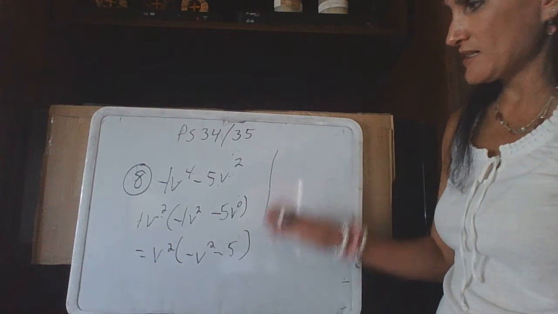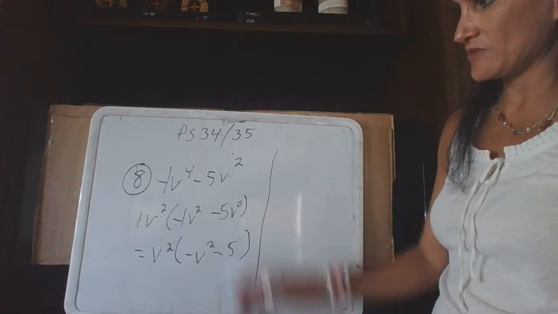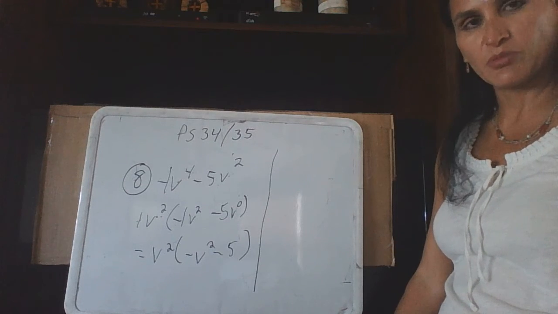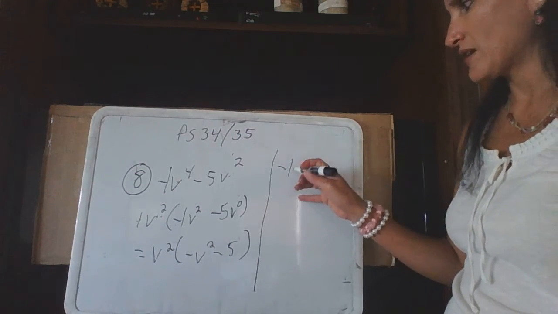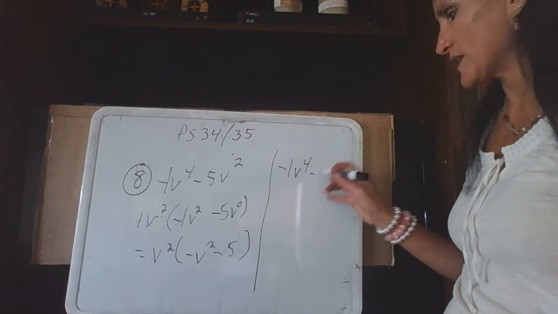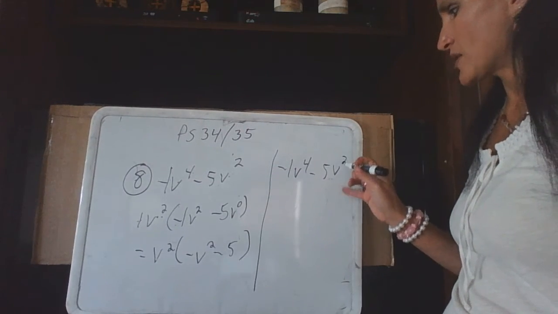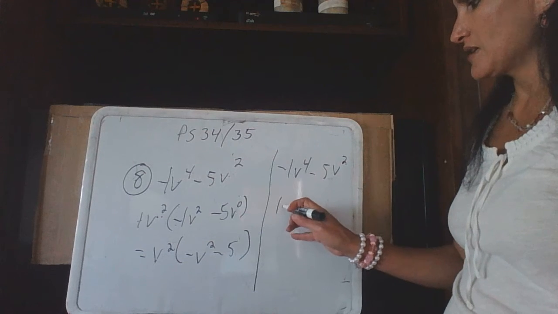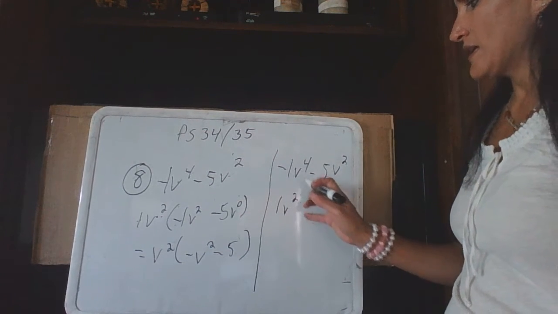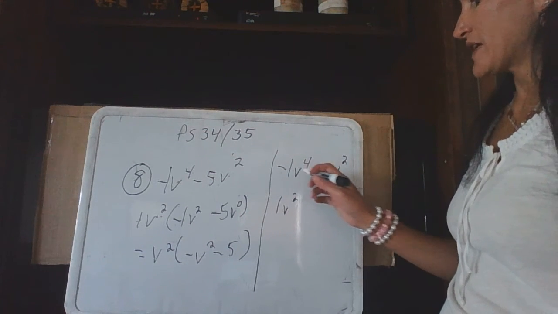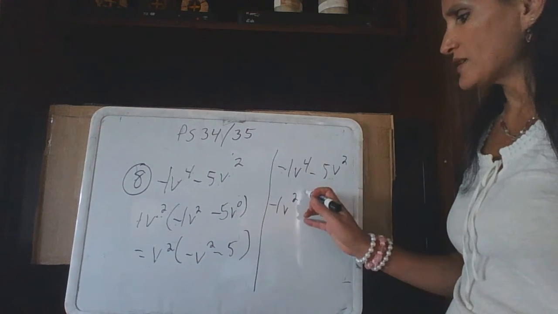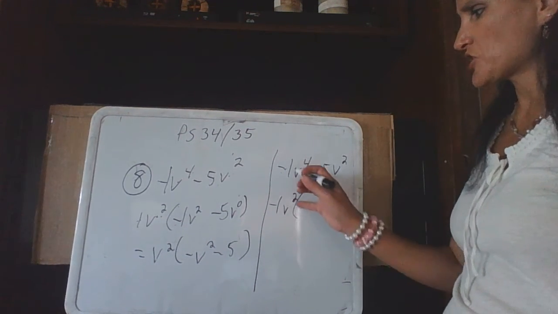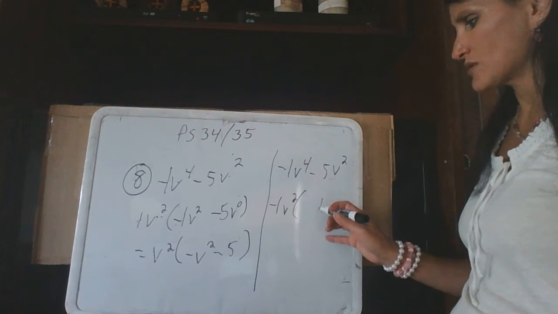One thing here, guys, is you don't have to leave the negatives in there. You can pull them out. Some people prefer that. And if you do it, then this is what that would look like. So we had negative 1v to the 4th minus 5v squared. We know that the common factor is 1v squared. Now, if I wanted to say, well, they share a negative 1, that's fine. You can pull that negative out. But if you pull the negative out, then you have to change the signs inside of the terms.